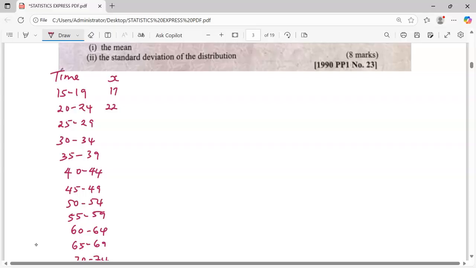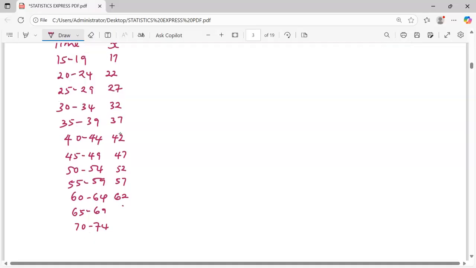So if we go adding 5, we are going to get 27. Then the next one will be 32, the next one will be 37. We have 42, 47, 52, 57, 62, 67, and lastly we have 72.